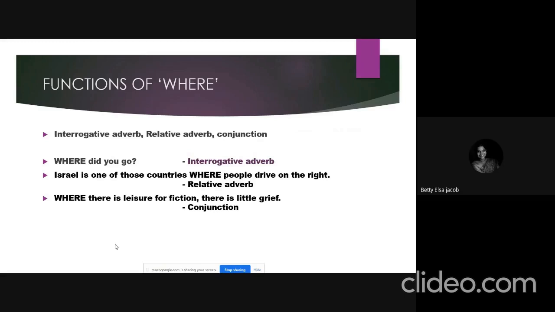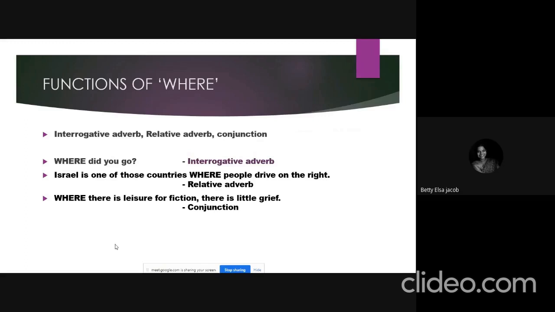It does not substitute a noun. It never substitutes a noun, or it can never qualify a noun, but where can only function as an adverb. So it can be an interrogative adverb or it can be a relative adverb, and can also be a conjunction which can combine two clauses, two sentences.